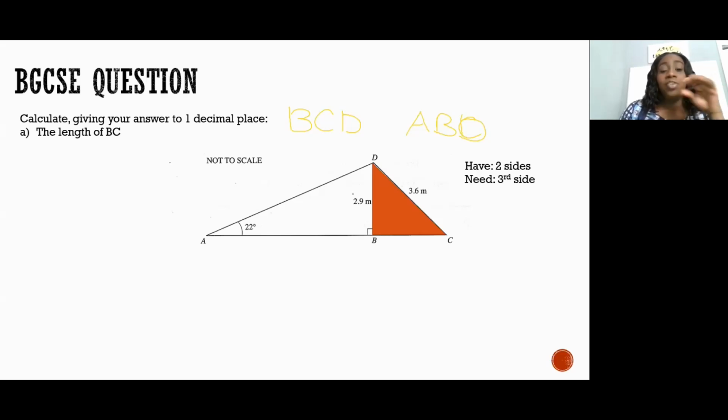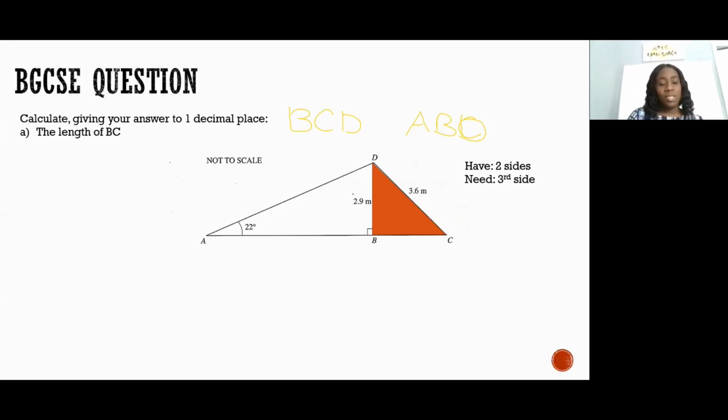Are trigonometric ratios the perfect thing to use? Would it be wise for me to use trig ratios to find BC, this missing side, considering that I have two sides and I just need to find one more? This is an important skill, so I need you to tell me.